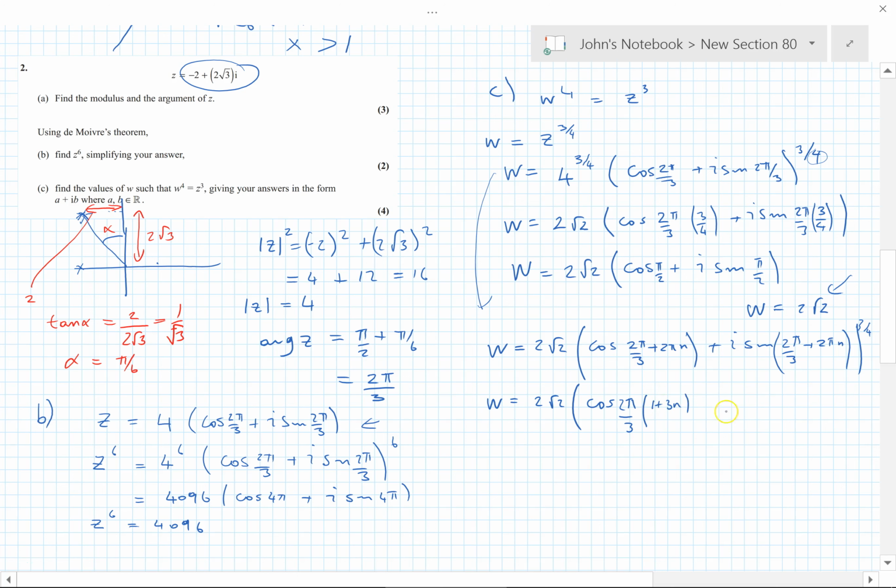I think it was okay. It's just I'd forgotten about the 3/4 here, and it didn't seem to be working. So that's I sine, also this is going to be the same, 2 pi over 3, 1 plus 3n, to 3/4. Now let's times by the 3/4 using De Moivre's.